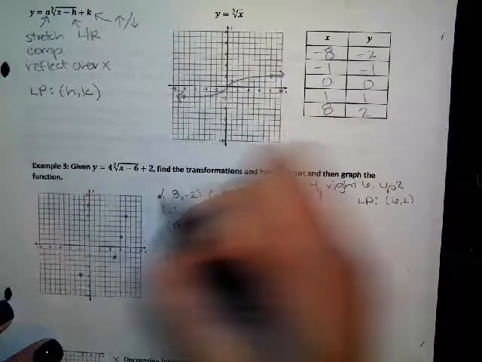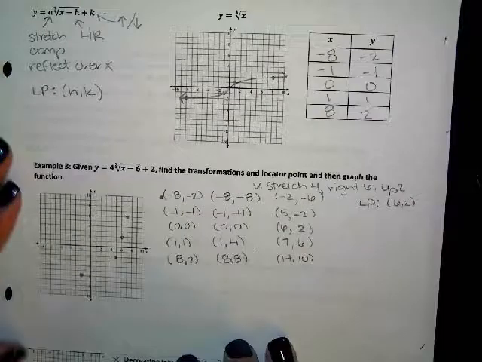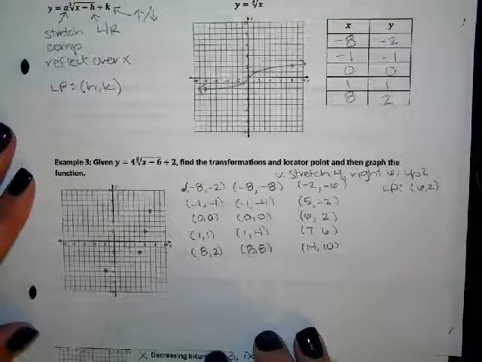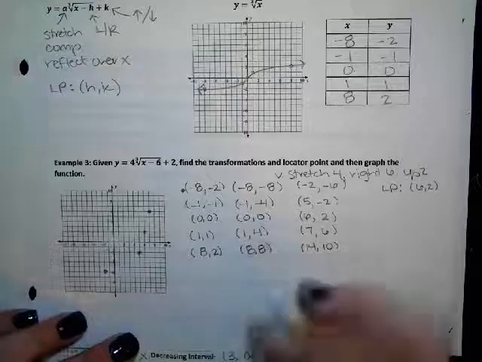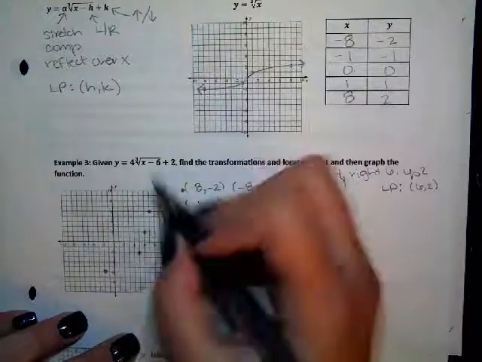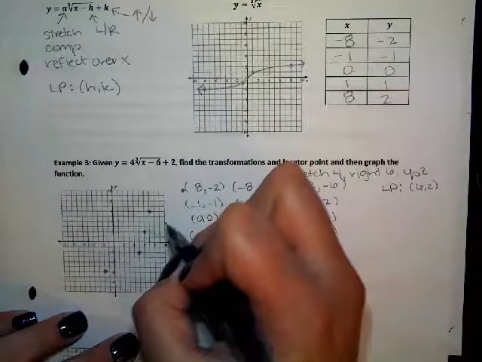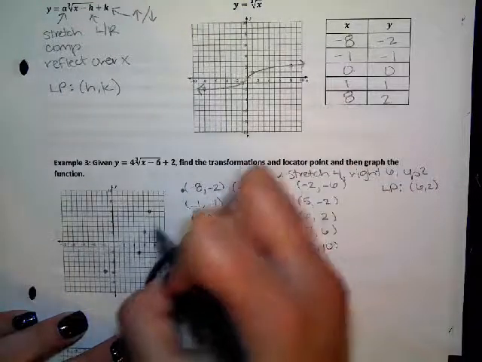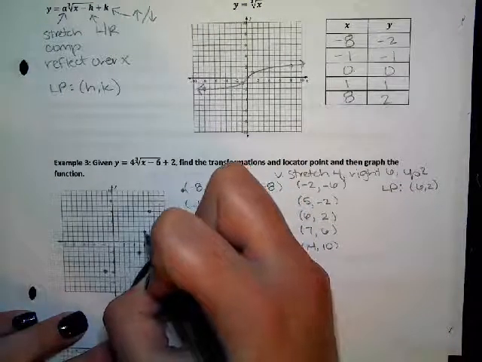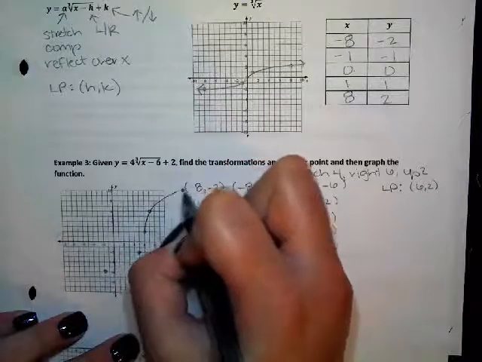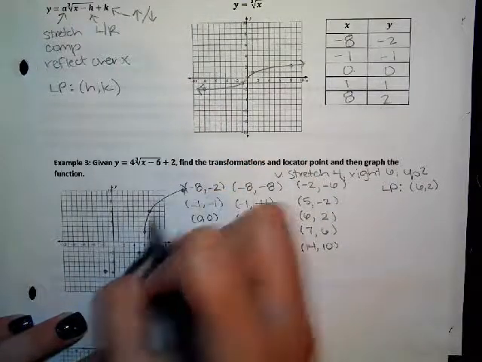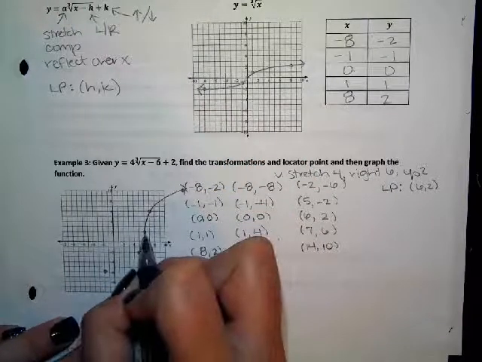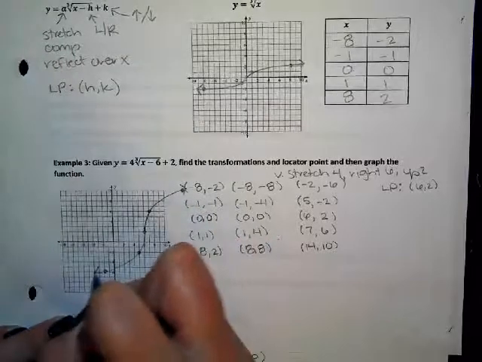You guys see that vertical stretch of 4 happening? This is a very stretched graph. Okay, and then again, I've got the parabola each way, but it's like a sideways parabola this time. So half a parabola on this side, going this way sideways, and then the other half going this way sideways. Ta-da!